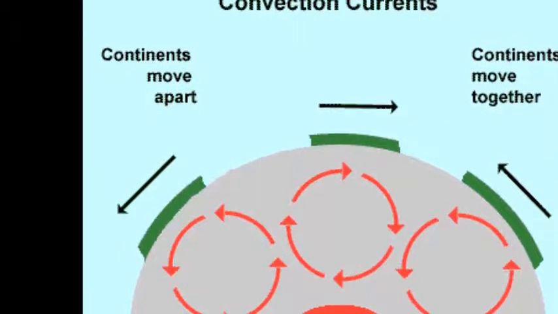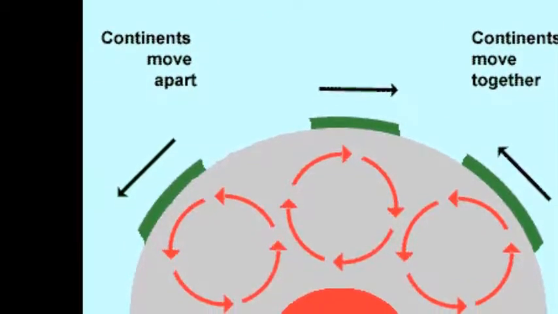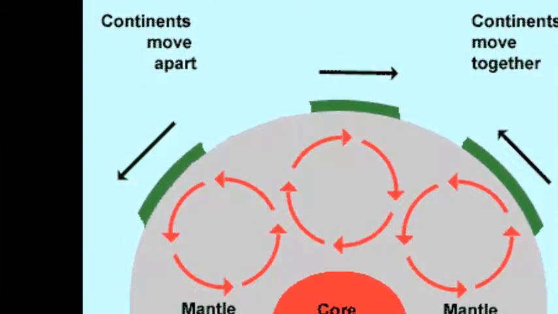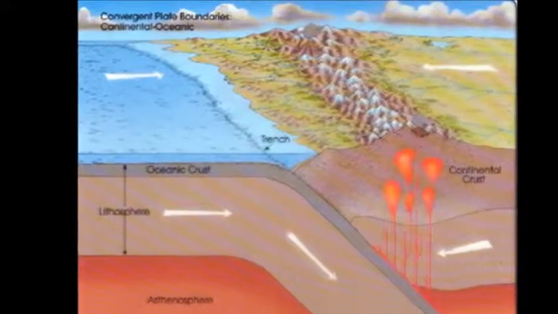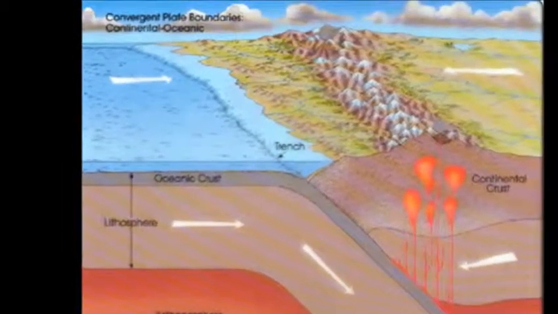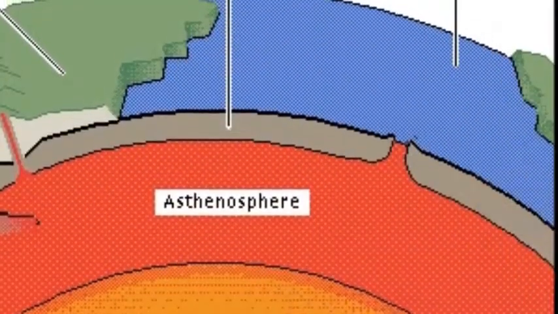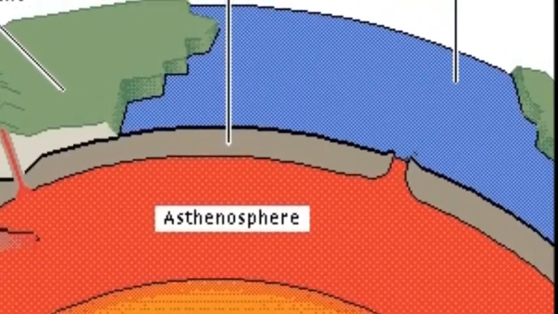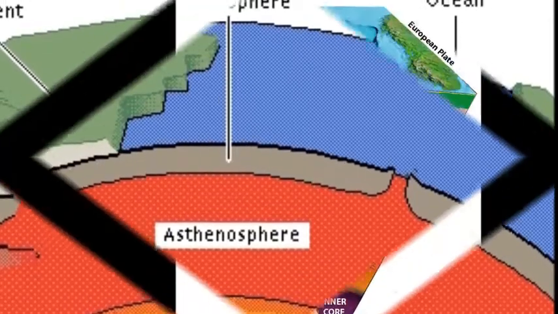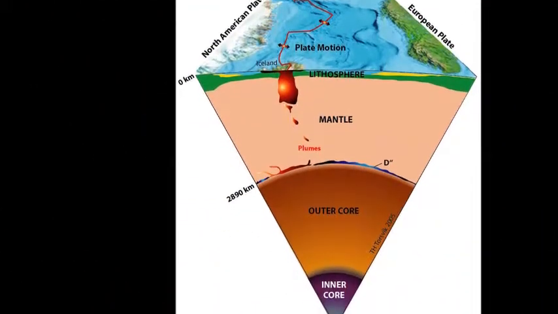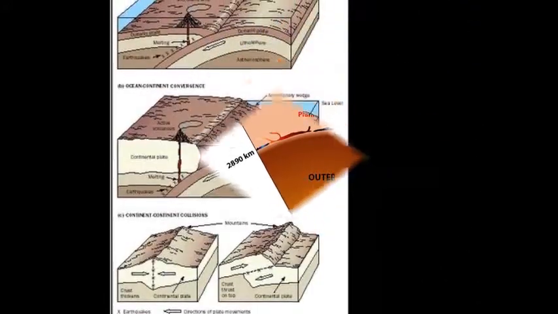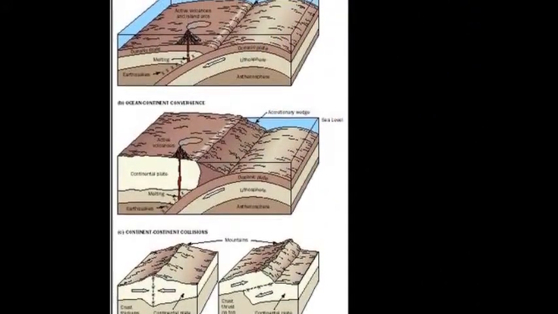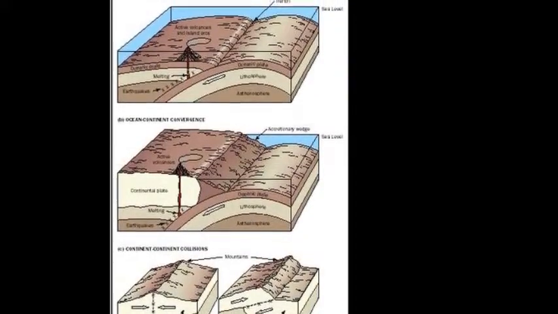Their movement, however, is slow, only about 1 centimeter a year. These move over the partially melted asthenosphere, the zone of the mantle just under the lithosphere or Earth's crust, by large-scale thermal convection currents.